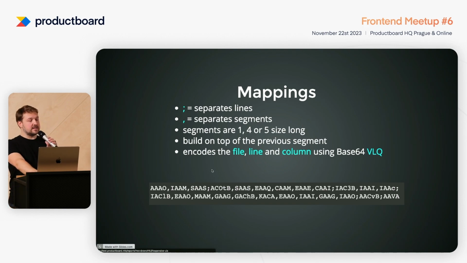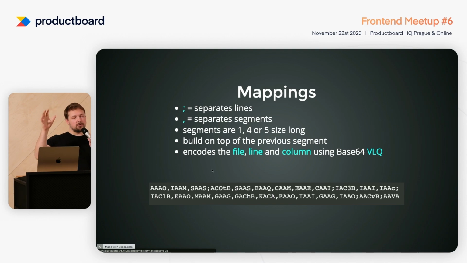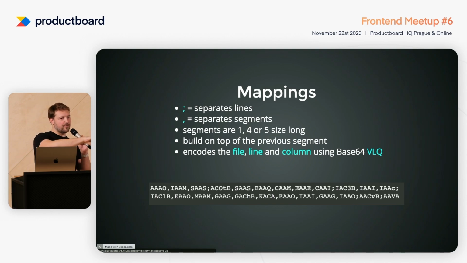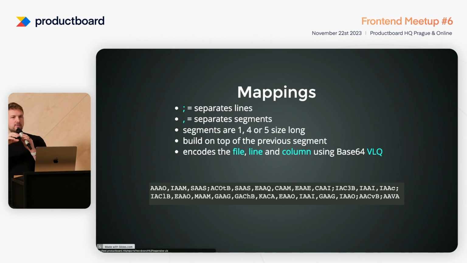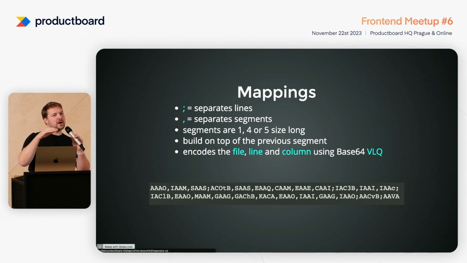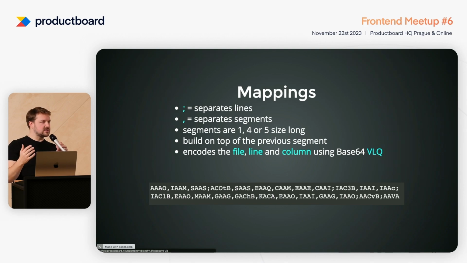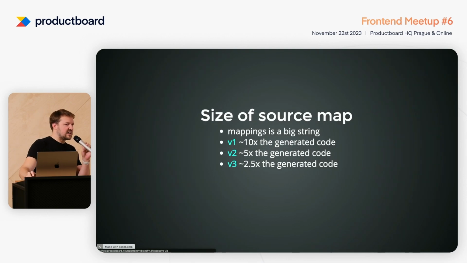And an interesting thing is that they build on top of each other. So you have to start with the first one, decode it, and then you get to the second one. Basically, the browser has to parse this whole file to understand the source map. What is used here is a very smart algorithm called VLQ. I will not go into the implementation details, but this part is a big deal because it affects the size of the source map.